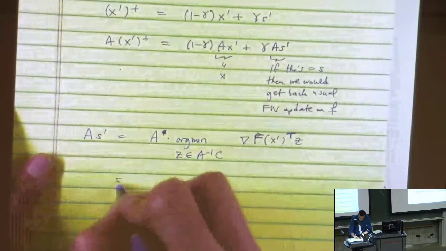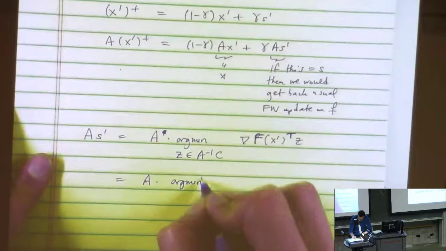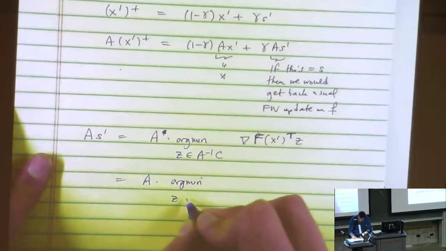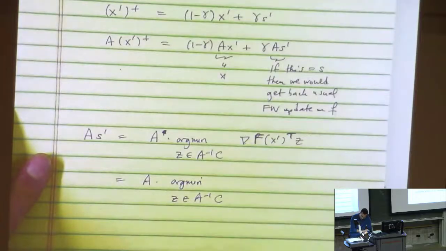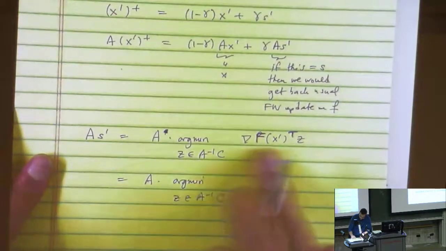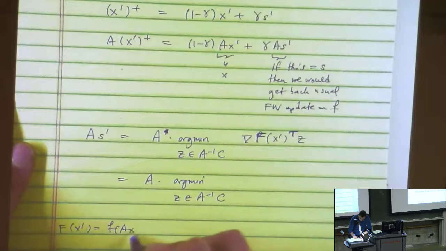So this is A times the minimizer over all z in the set A inverse C. So remember, F of x prime was f of A x prime.